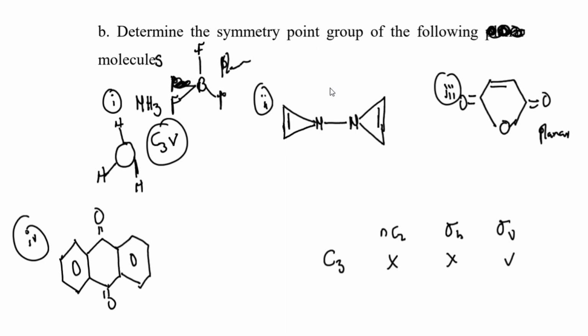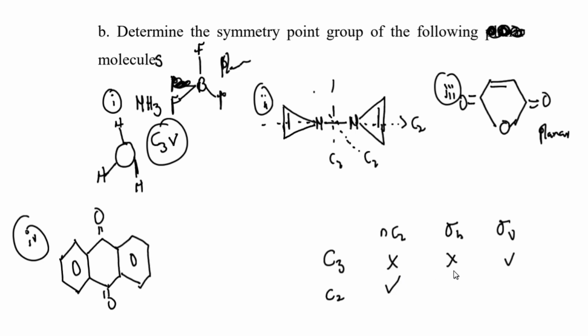So looking at this, the principal axis cuts through many atoms, right? So this is C2. We can also have C2 here. So we can also have C2 here, right? So we can also have C2 here. So basically, this is going to be C2. So we also have two C2s, right? This is the principal axis. We have another two C2s.